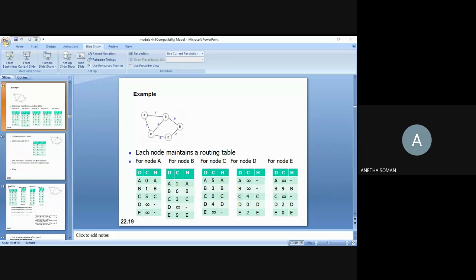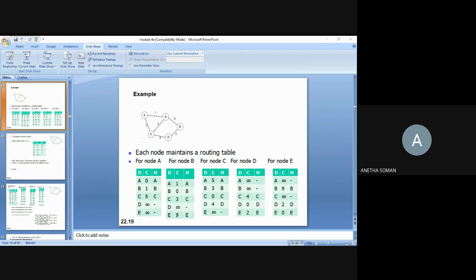Okay. D0D. Okay. E2E. Did everybody get that? A8C, B7C, C4C, D0D, and E2E.